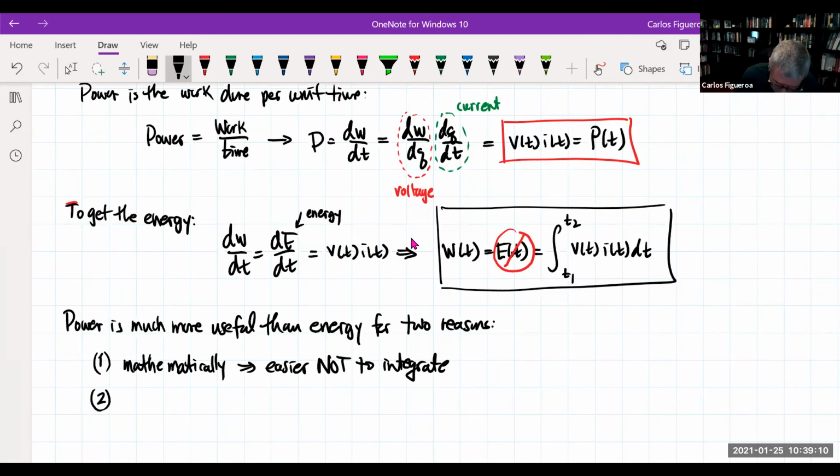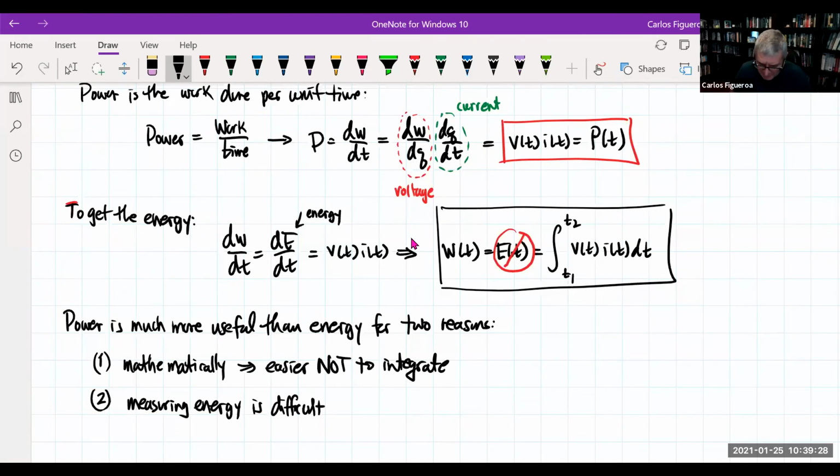But the most important thing here is that measuring energy is difficult. In fact, it's really difficult.